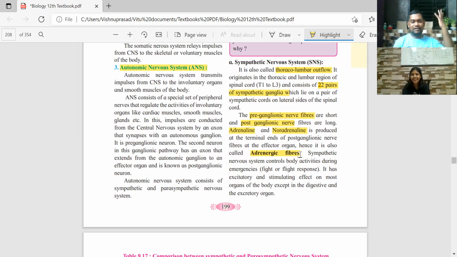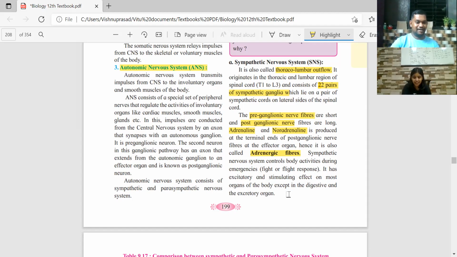Fight means anger. Imagine how movies show it: fists clenched, staring, muscles stiff, ready to hit whoever comes in front. That situation is because of adrenaline. Flight response: if you have taken a flight journey, when the plane takes off you feel a bit nervous. That is adrenaline.